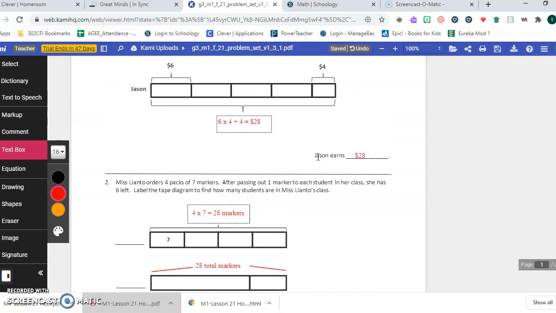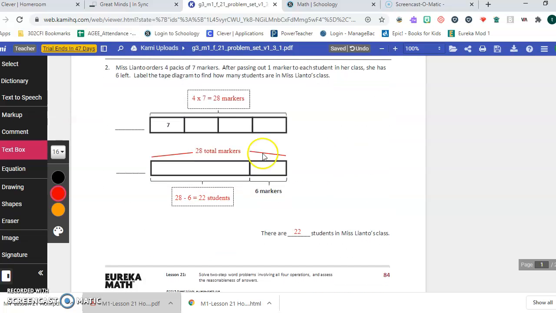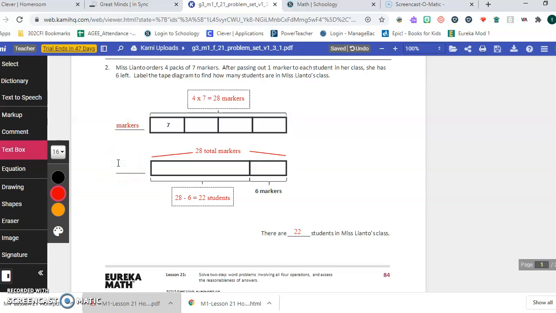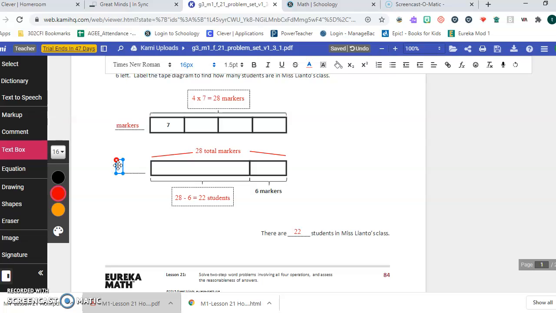And so up here, was there anything else to label? Nope. So it says label the tape diagrams. I'm going to go ahead and put total. I'm going to put this represents the markers, and this would represent... It's kind of tricky what they want you to put in the tape diagram here.